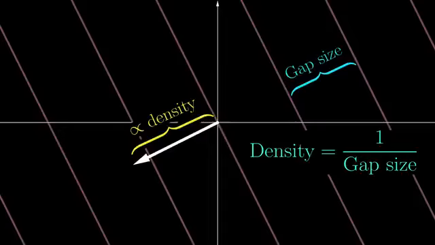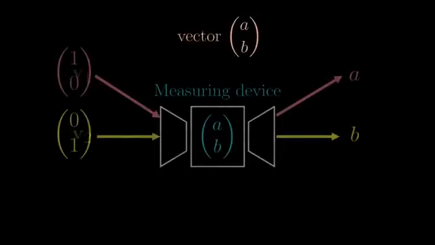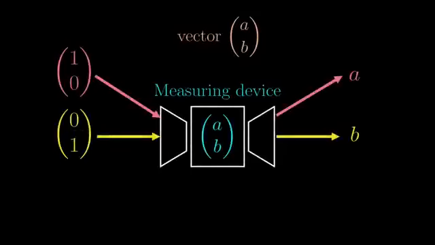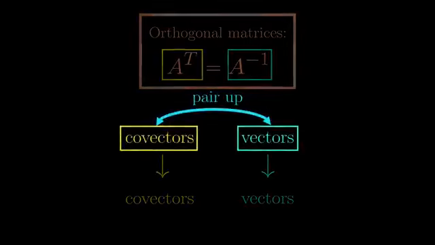Of course, we can do the other way around as well. Given the vector, we can draw those parallel lines, and given a vector AB, we can also easily construct that covector. That's how we have achieved the one-to-one correspondence between vectors and covectors.